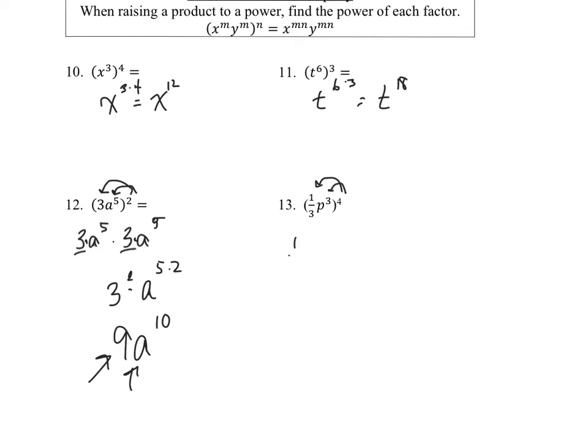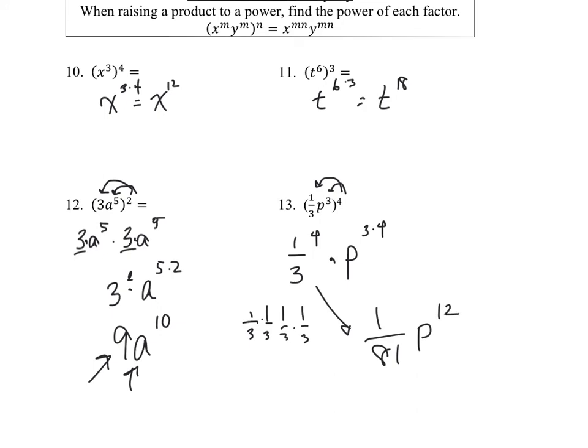So when you have 1/3 to the 4th times p to the 3 times 4, 1/3 to the 4th power is the same thing as saying, oh okay, let me take 1/3 times 1/3 times 1/3 times 1/3, which is going to give you 1/81.